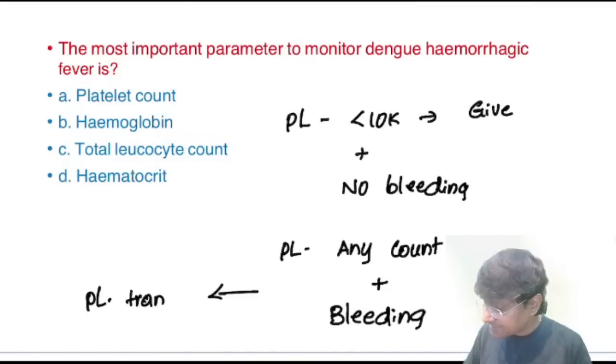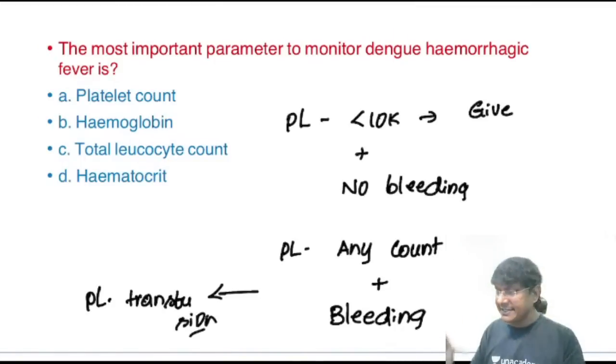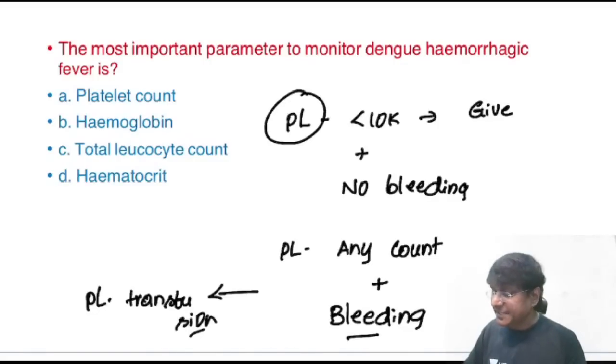Yes, Agastya Gopi, is this clear for you now? So if the platelet count is less than 10,000 and no bleeding tendency, then you give platelets. But whatever the platelet count, if there are bleeding tendencies, then you have to give platelet transfusion, right?